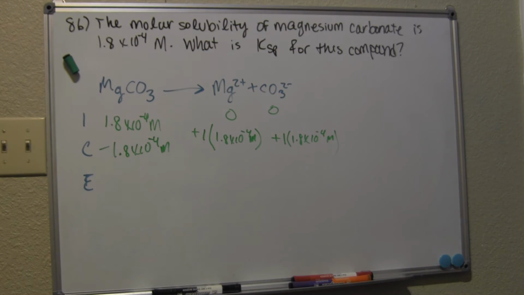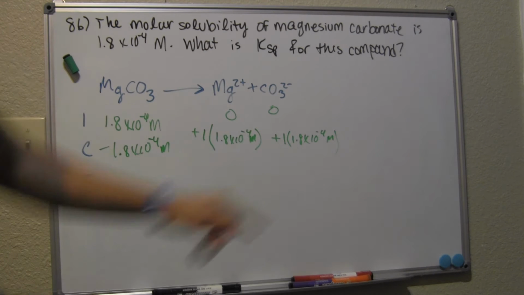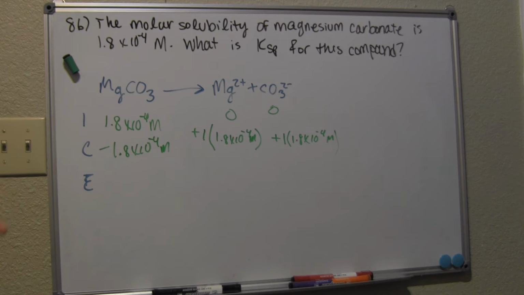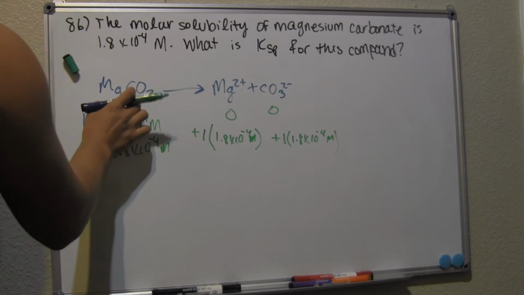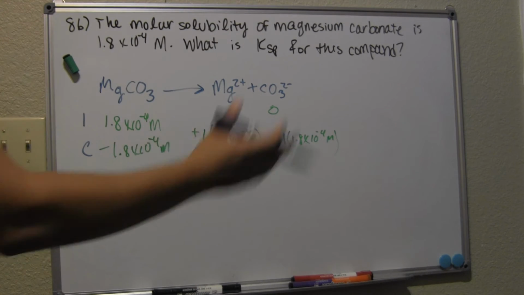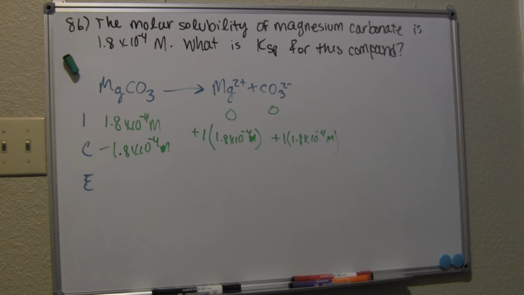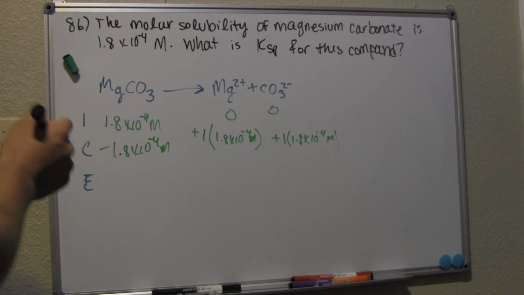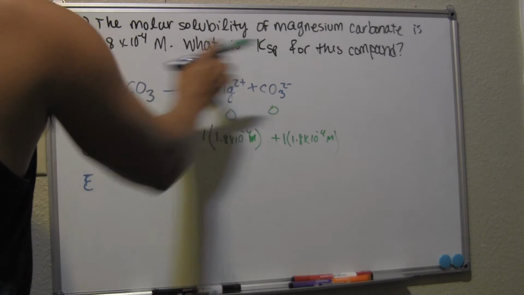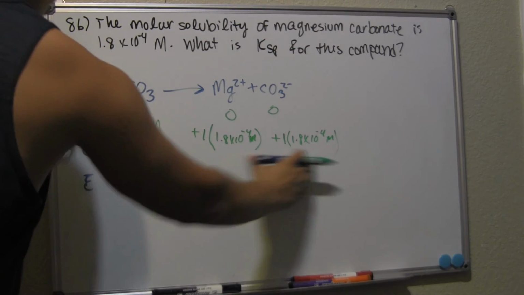I wrote that 1 in front of the molar solubility just to highlight that since we have a 1-to-1 ratio, 1 mole of magnesium is going to be made per mole of magnesium carbonate that's put into our solution, and the same thing goes for carbonate. 1 mole of carbonate is going to be released every time a mole of magnesium carbonate dissolves.